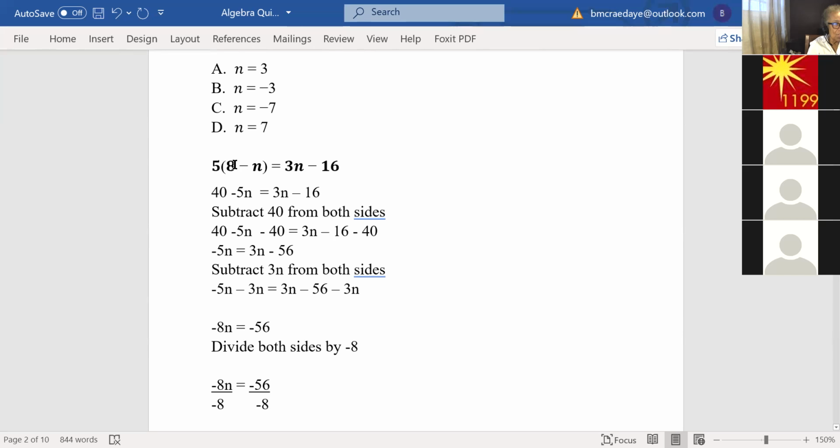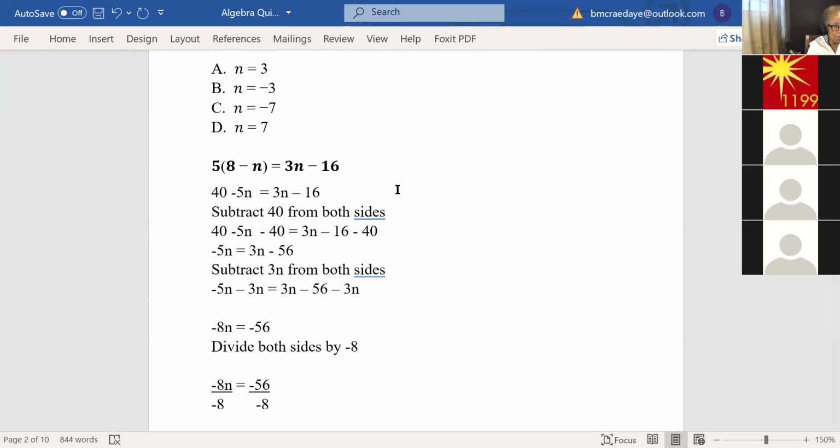Okay, now starting here, what did you do? I multiplied 5 times a, and you got 40 minus 5n, 3n minus 16. I combined on both sides the positive 16.